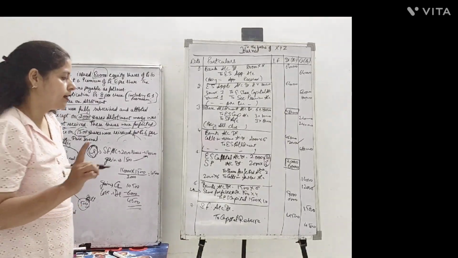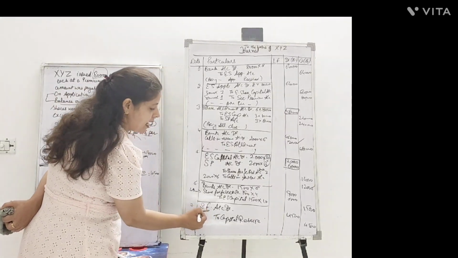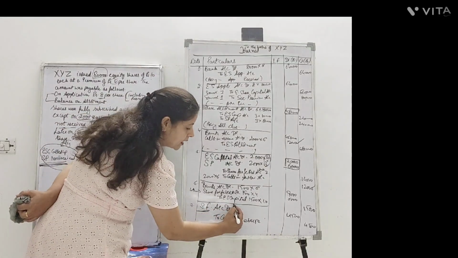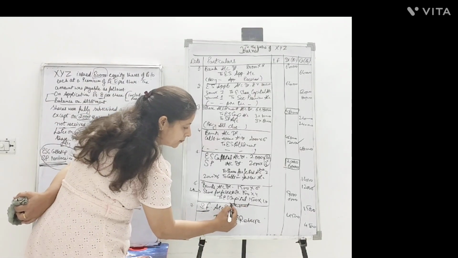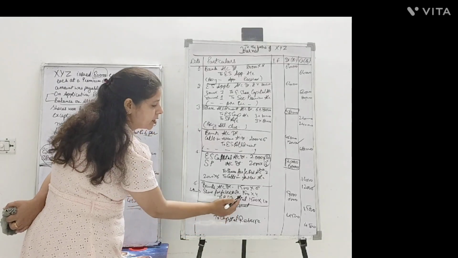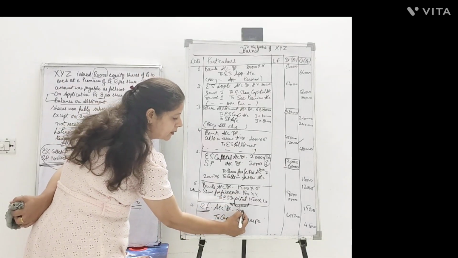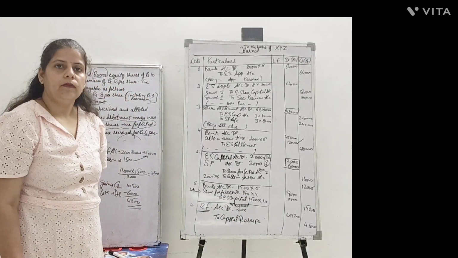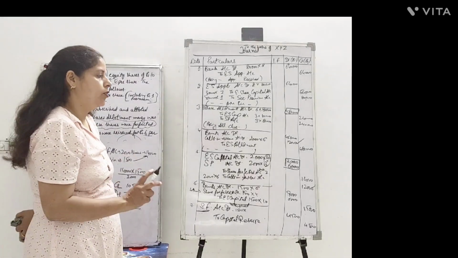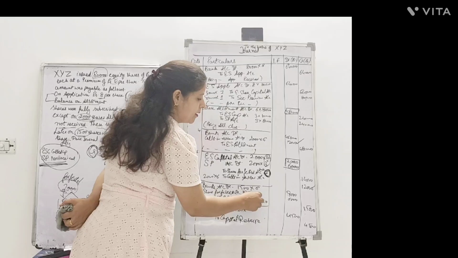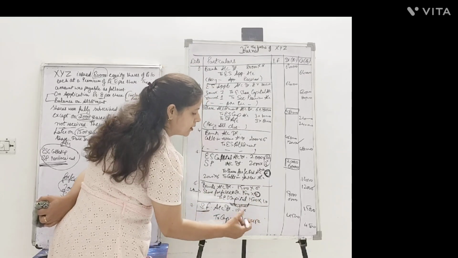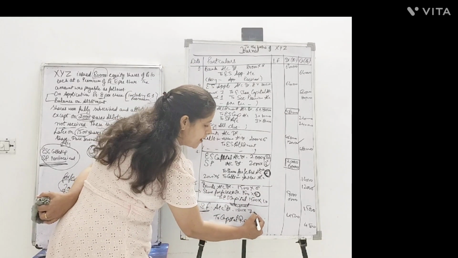Another way to do it. See, for this entry you will take the number of reissued shares. How many shares were reissued? 1500. First you will take 1500. Then what you have to do? This gain 7 minus this loss, 7 minus 4.